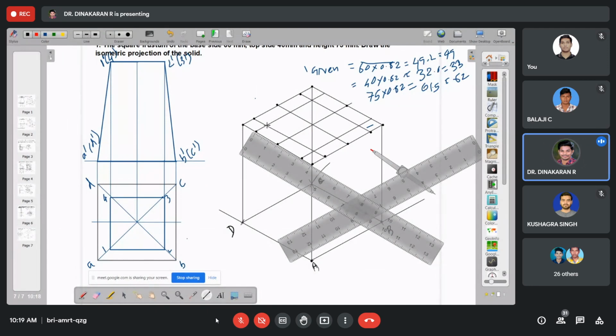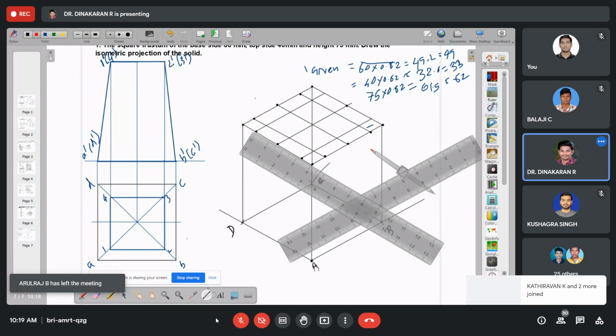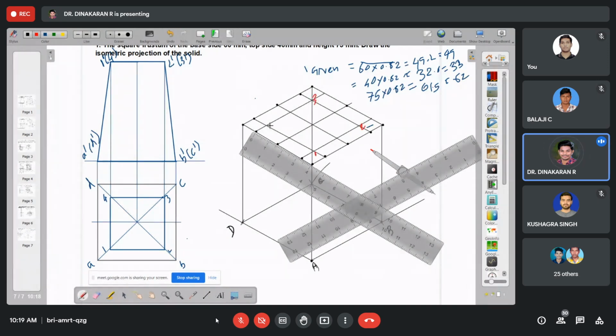What are the visible points? First, after that conversion, we do three and four.